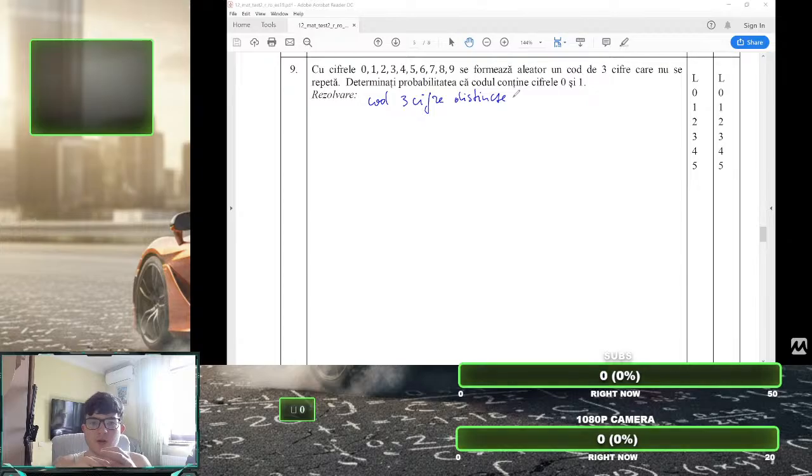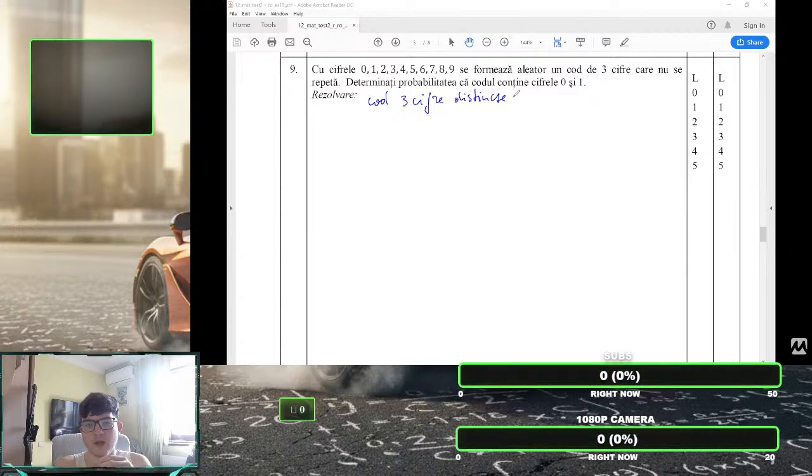That's all the cases. And now for the favorable ones, you just write down 3 circles like that. On the first circle, it can be 0. On the second one, 1. And on the third one, it can be any number other than 0 and 1. So basically the remaining 8 numbers.